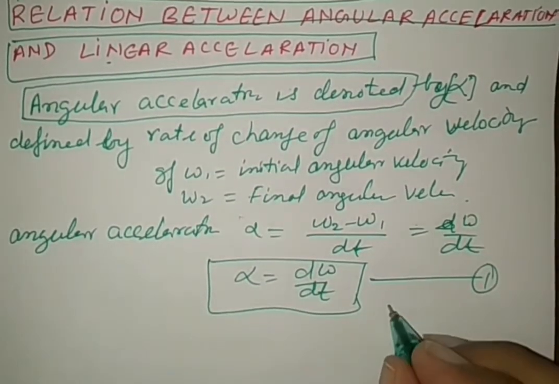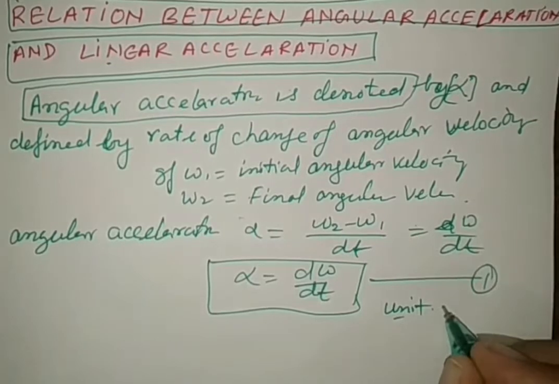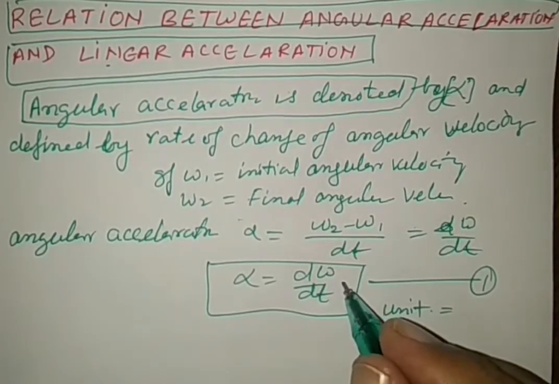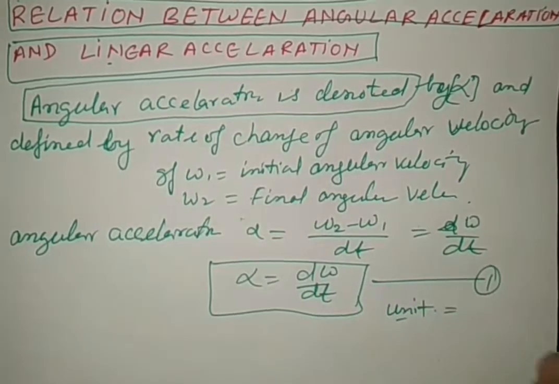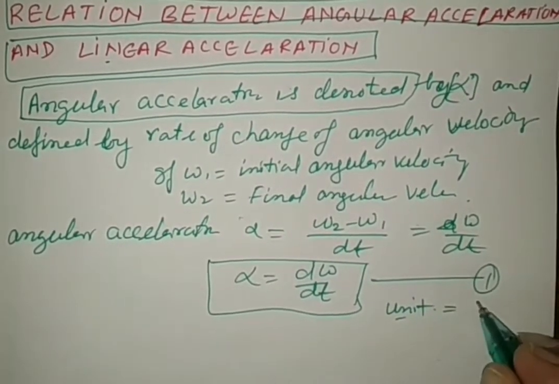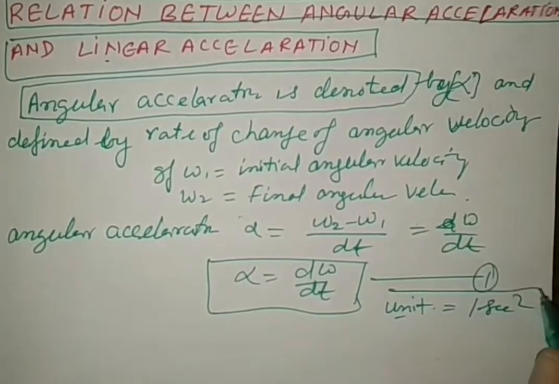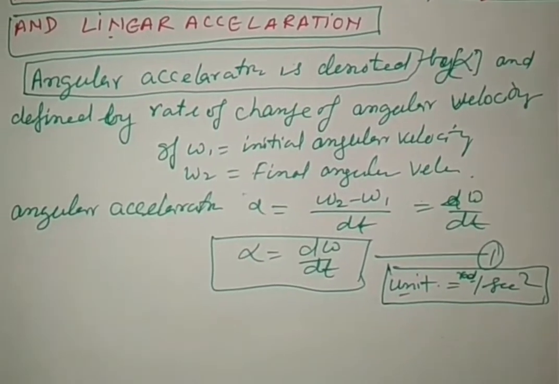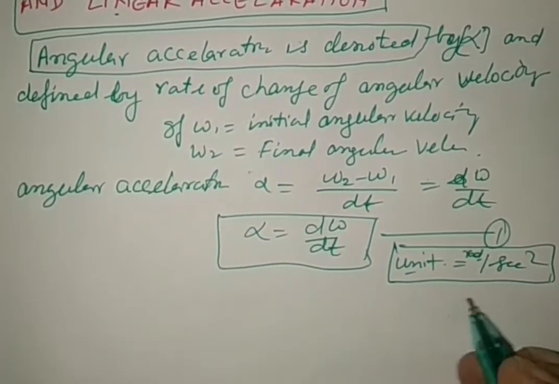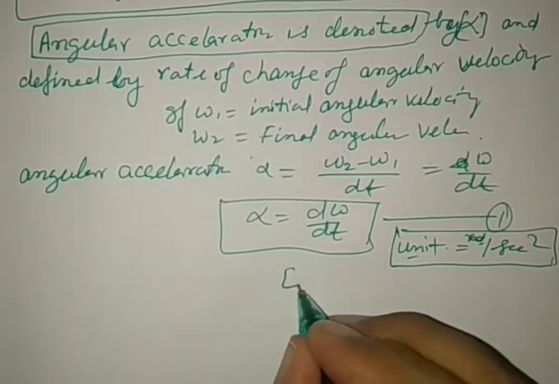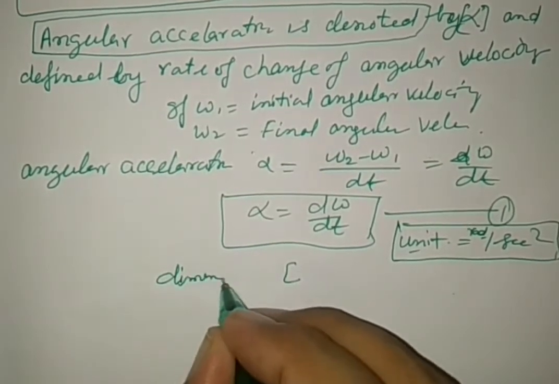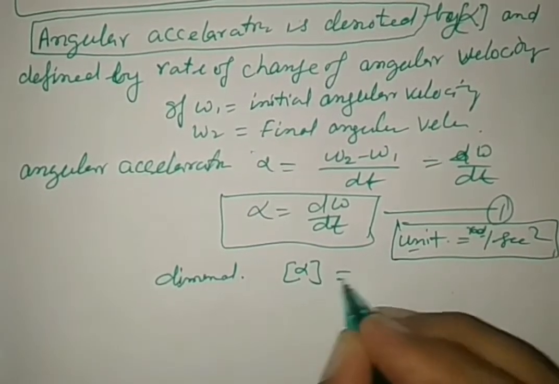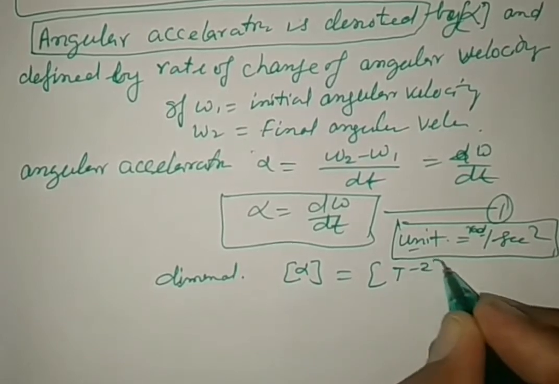Its unit: theta, we are taking radian, and this is velocity, so its unit is radian per second square, rad per second square. And the dimensional formula of angular acceleration is T to the power minus 2.